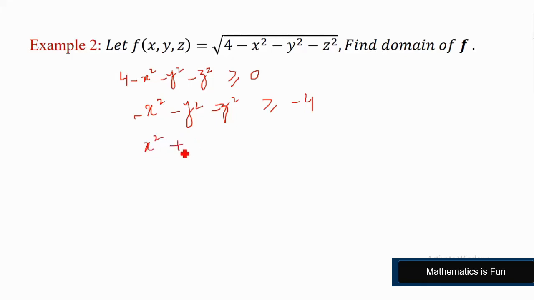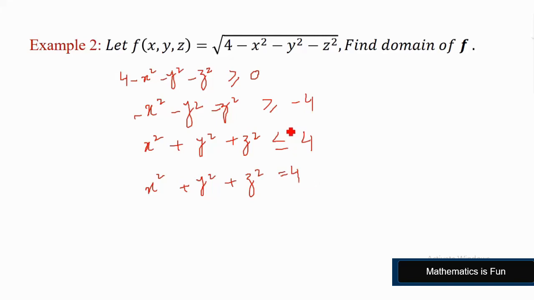It becomes x square plus y square plus z square less than or equal to 4. So here, if I imagine just the equal sign, x square plus y square plus z square equal to 4 is the equation of a sphere at the origin with radius 2.